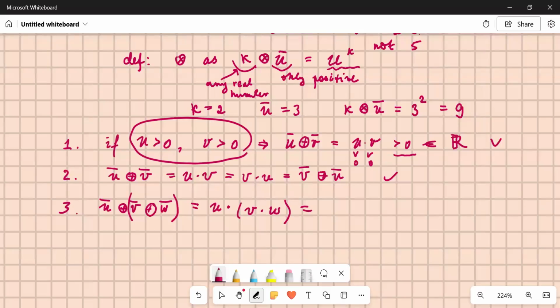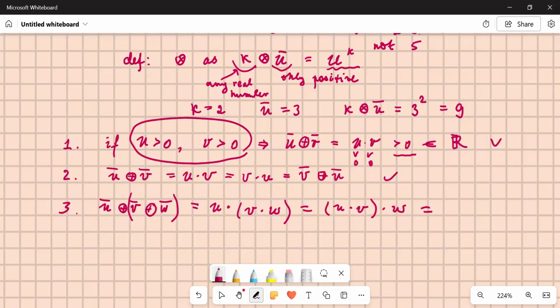And we know that for regular multiplication, and this one is just regular multiplication, like 2 multiplied by 3 is equal to 6, I can change the position of parentheses. I know that from algebra, I can put parentheses like this, and it's still going to work, right?